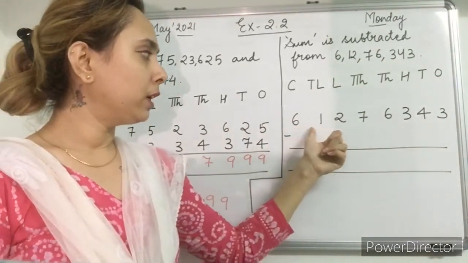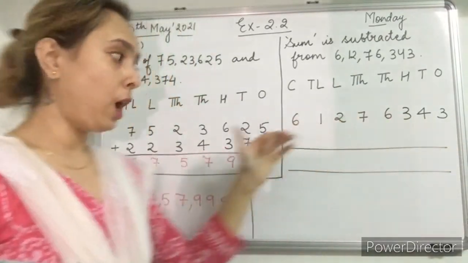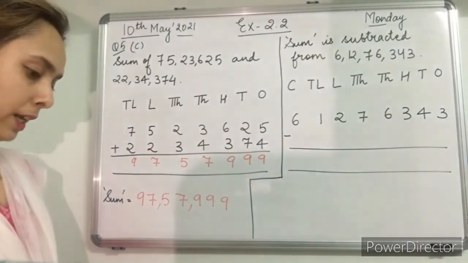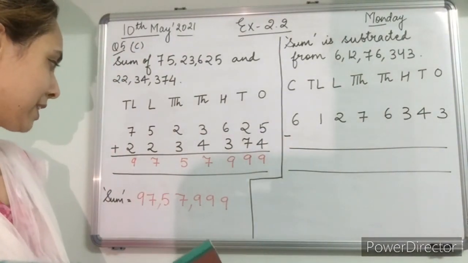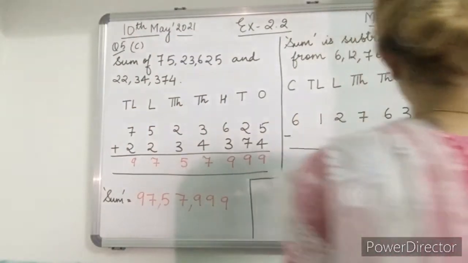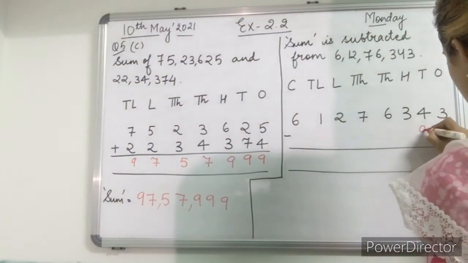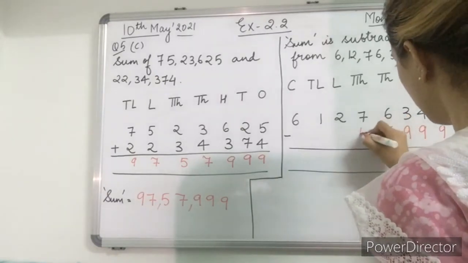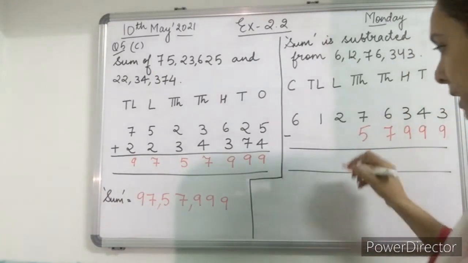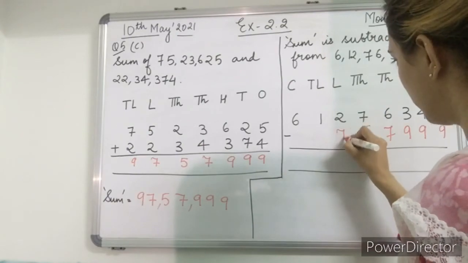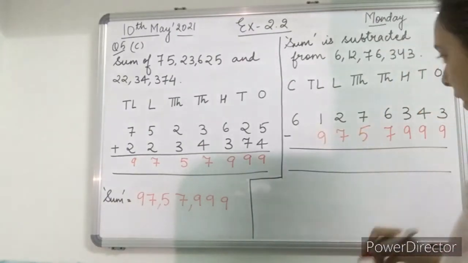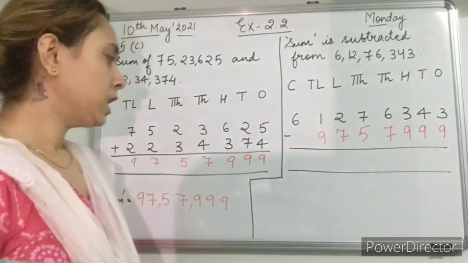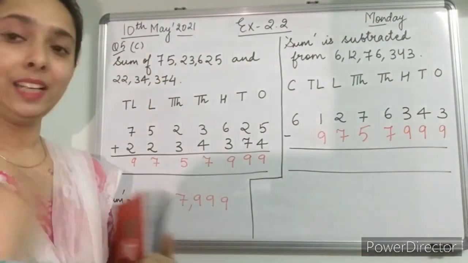I have written the minuend first, and now I will write the sum here. The sum is 97,57,999. Now we are going to subtract the numbers to get the difference.